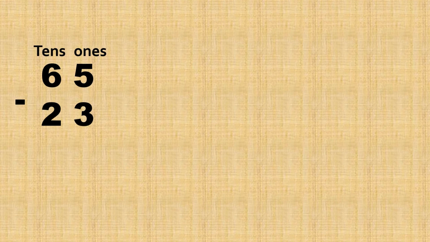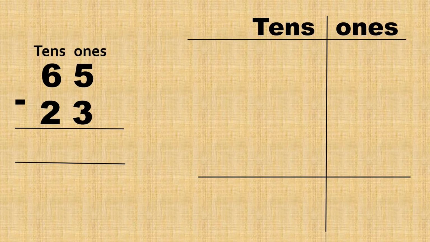Let's arrange the number according to their place value. The bigger number 65 goes on top and smaller number 23 written below it. Let's represent number 65 using place value box. The number 6 is in the tens place. Represent the number 60.